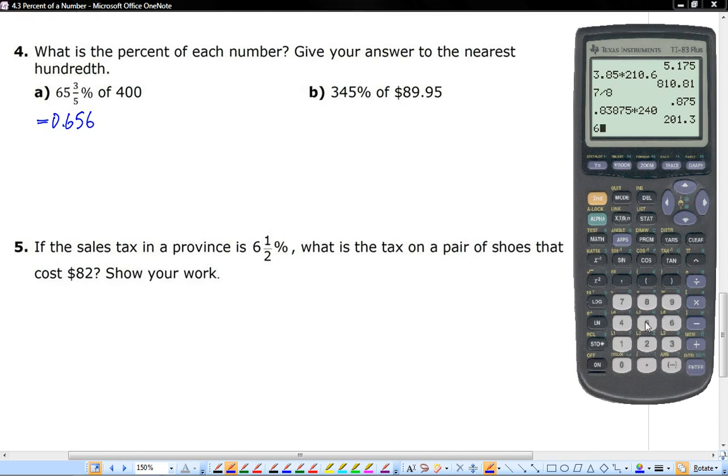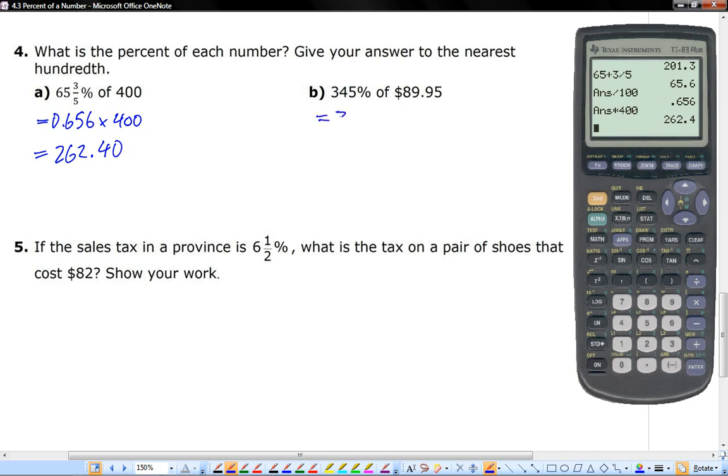Again, if you weren't sure, take the 65, add 3/5, take that result, divide by 100, and there you go. Multiply that by 400. When you multiply it by 400, you get 262.4. And you can write the 0 if you want, it's not necessary.